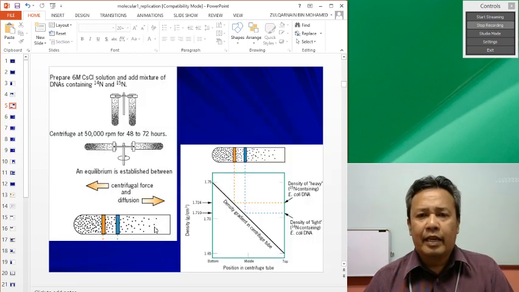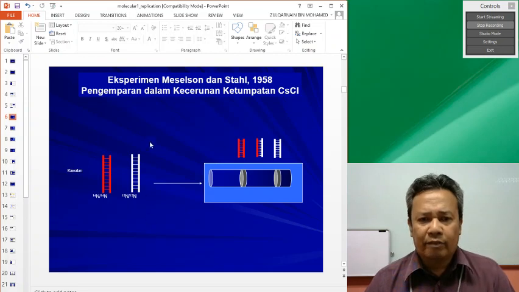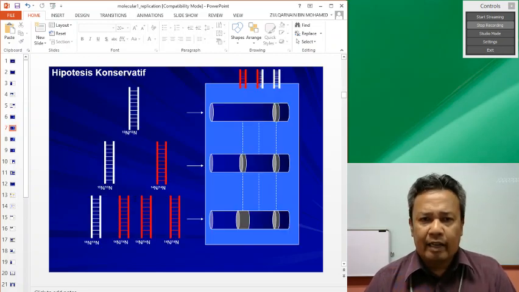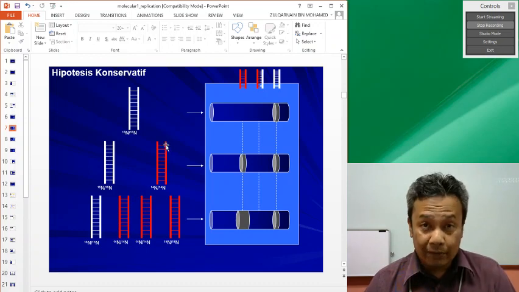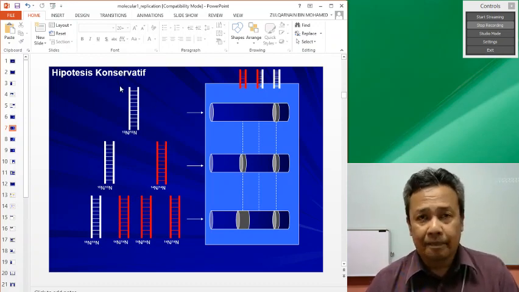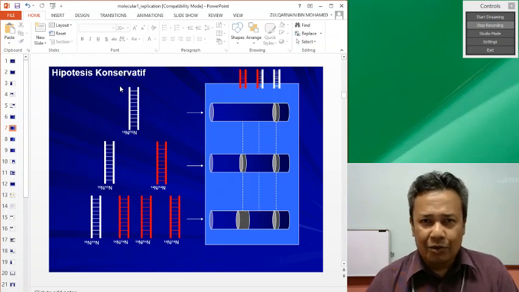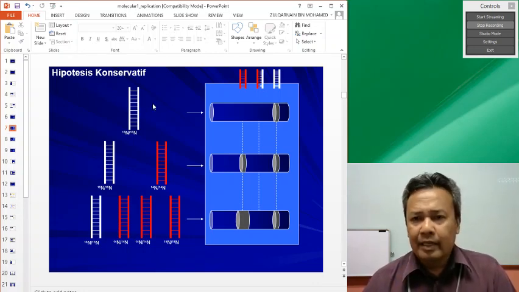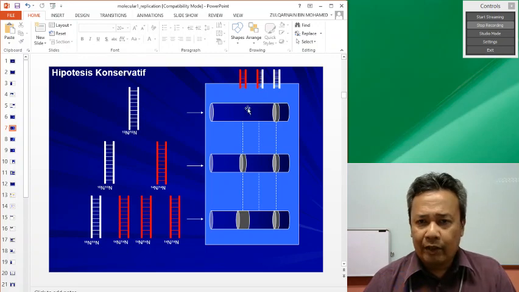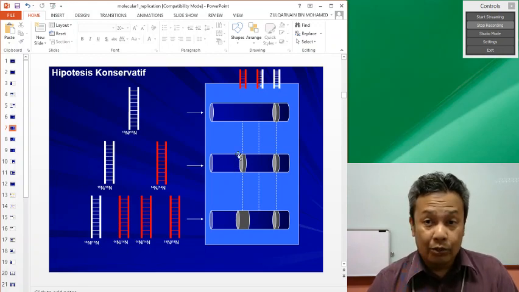You have these two different molecules, 14N and 15N. If it undergoes conservative replication, I'm sorry this is in Malay, but I think you can understand, for your internationals, what it means. The hypothesis says you start off with 15N, but in the second generation you have 15N and 14N, and therefore you get two bands when you centrifuge in a density gradient.